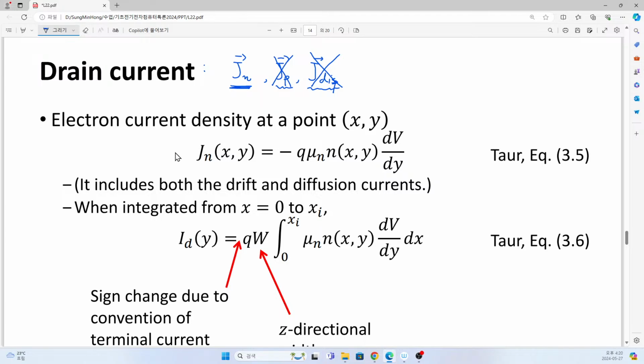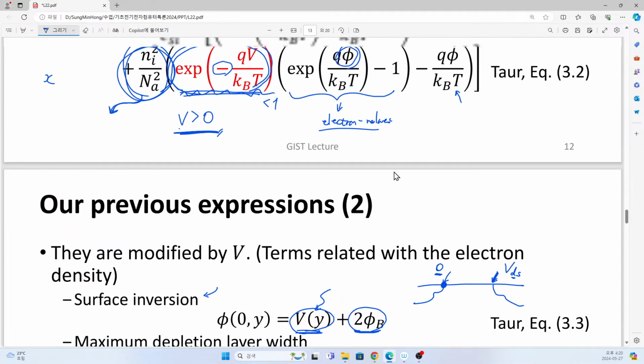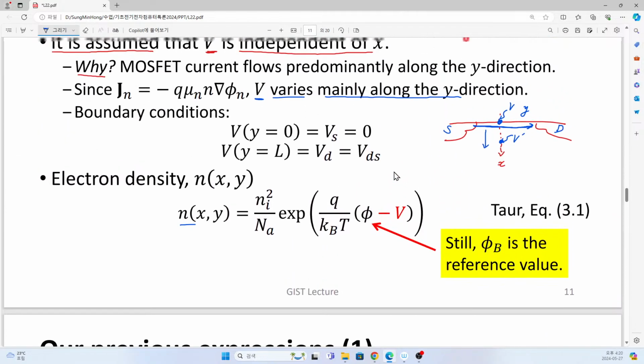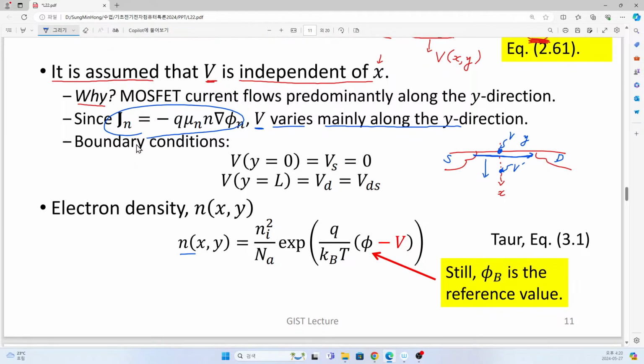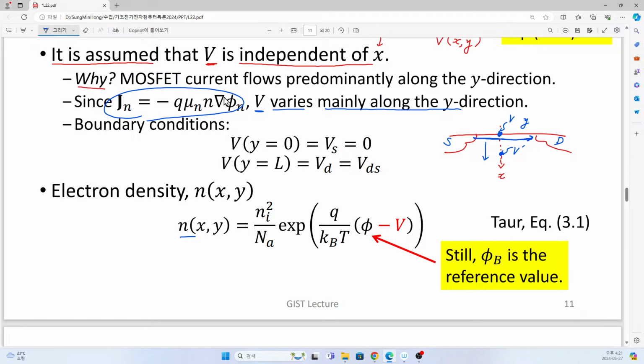Now when we have a look at this expression, the current density at a certain position can be simply written by this expression. What is it? This is nothing but just a directional component of our previous expression shown here. Of course, in general, this gradient should have x directional and y directional gradient, but we have already assumed that this electron quasi-Fermi potential varies only along the y direction.